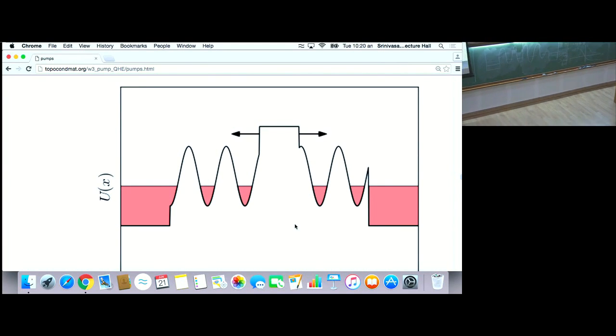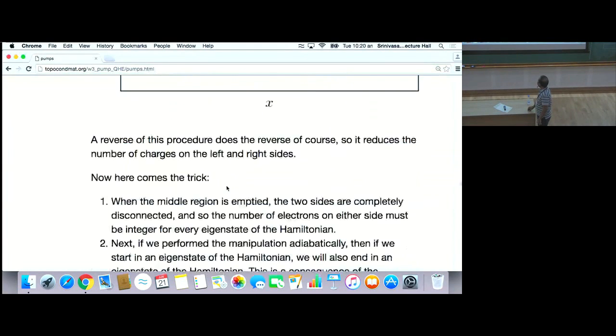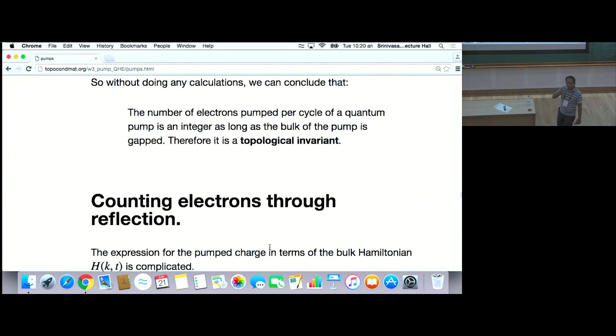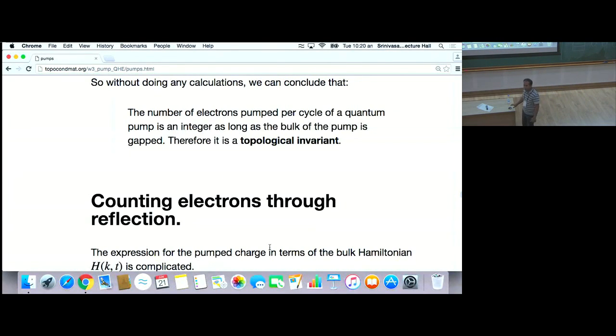And this had to do with the fact that I'm changing things adiabatically. Okay, so this is the somewhat subtle pumping argument. I know this is a little confusing. You can think about it a little more, and you can ask me maybe in the tutorial session in the afternoon. But the conclusion that this argument leads to is that in this process of moving this potential over, the charge transport is quantized.